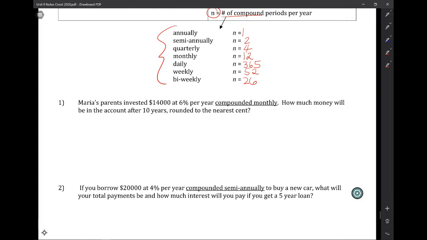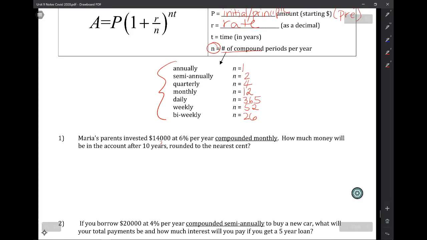Maria's parents invested $14,000 at 6% per year compounded monthly. How much money will be in the account after 10 years, round to the nearest cent? So let's think about what we know. She invested $14,000.